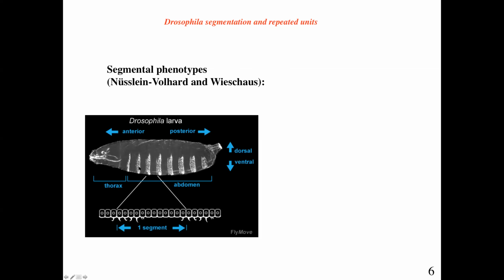Because the question was, if I could understand how this animal achieved this, I would be able to understand the mechanisms that even set this pattern up. So this is essentially defining how segments get defined.